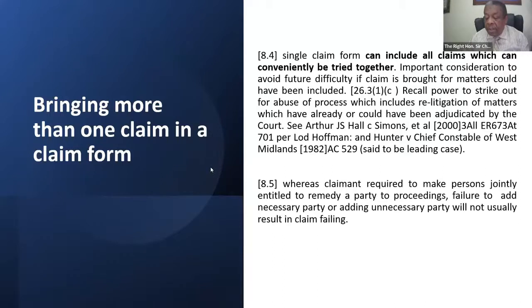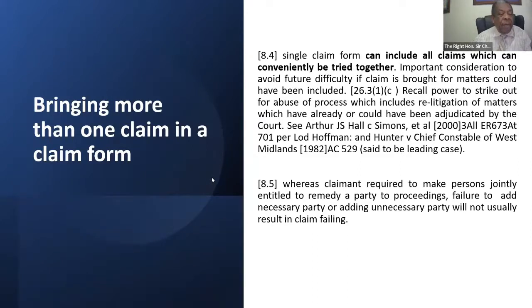Now, a claimant is also required to make persons who are jointly entitled to a remedy party to these proceedings. But failure to add a necessary party or adding unnecessary parties will not usually result in the claim failing.